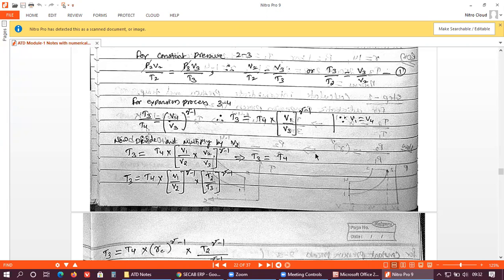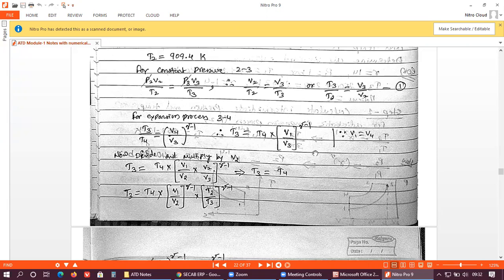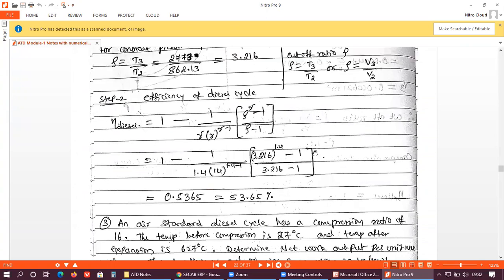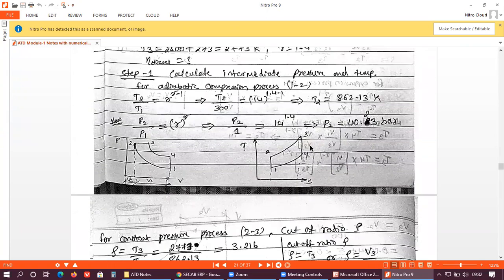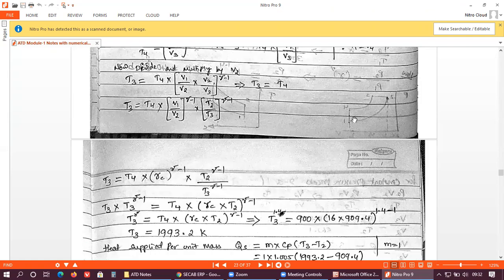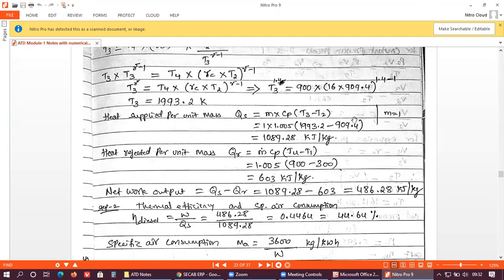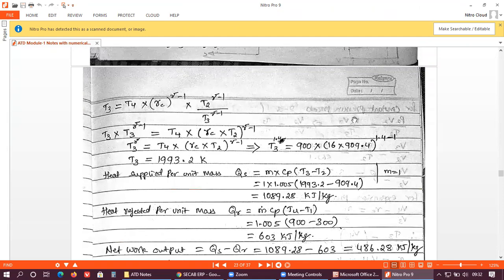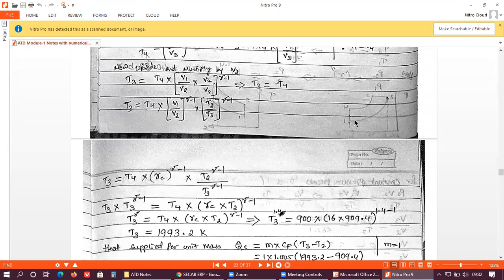And from the TS diagram, you can see that the entropy for process 3 to 4 is constant. Now coming to this T3 equation.